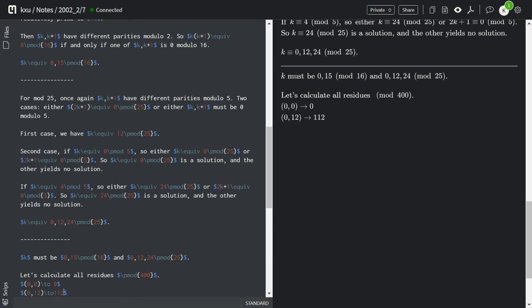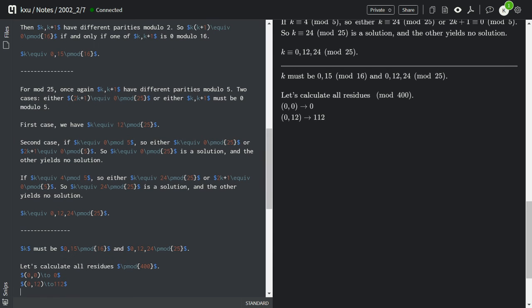I think that's 112, but not sure. And 0, 24 goes to, essentially I'm just computing a bunch of values in my head and seeing which one works. So 124 is 25 times 4 plus 24, and that is not a multiple of 16, so we move on to 174, which is not, so 224 is, so it's 224.